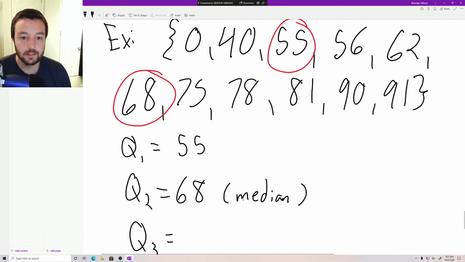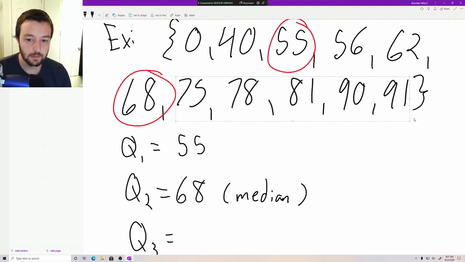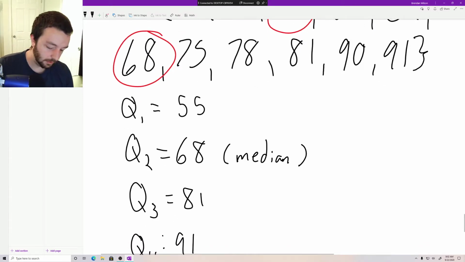Q3, similarly, it's the 75th percentile. So it's like the median of the second half of the data. Okay. So these numbers. So what's the median of these numbers? Well, exactly in the middle is 81. Okay. So it's going to be 81.